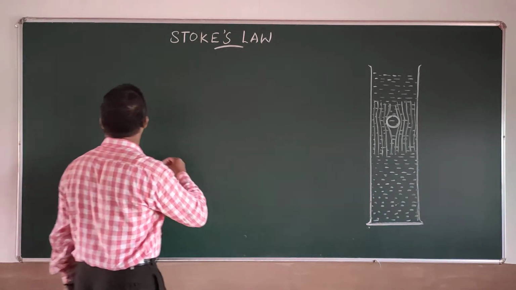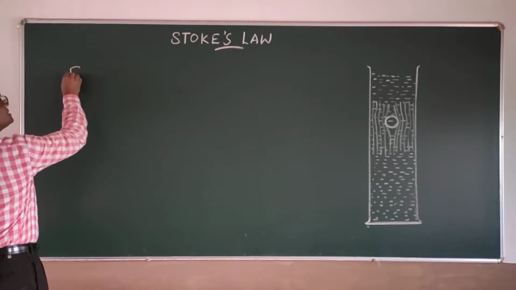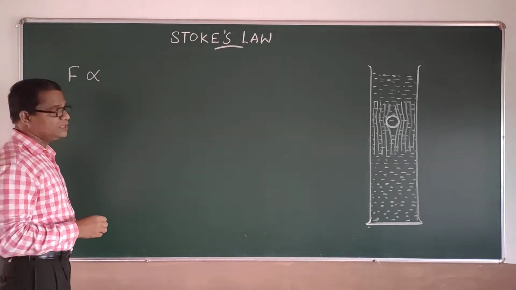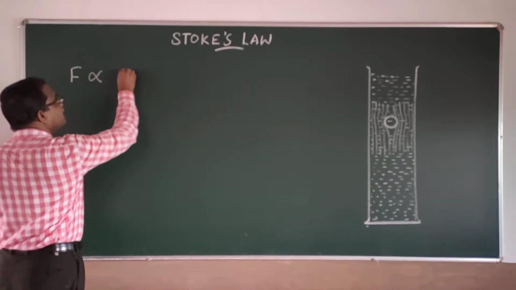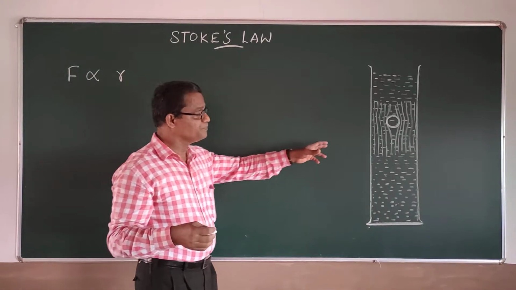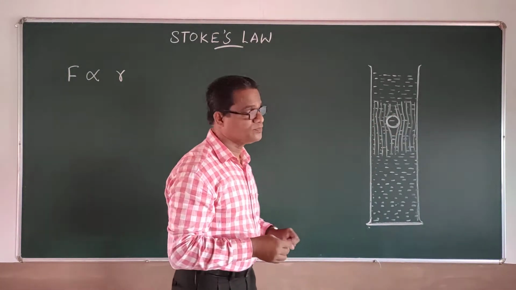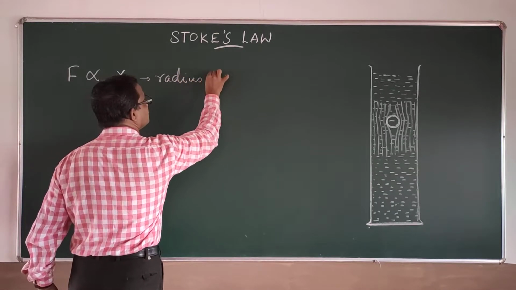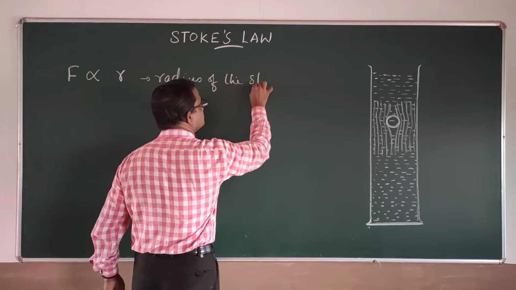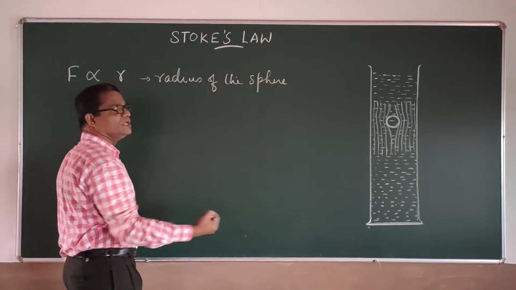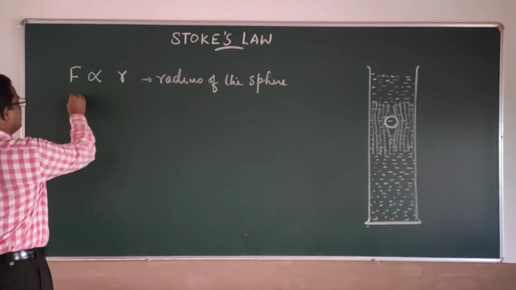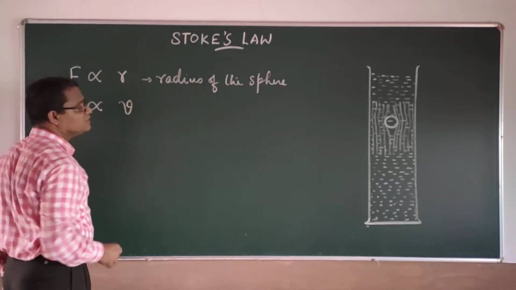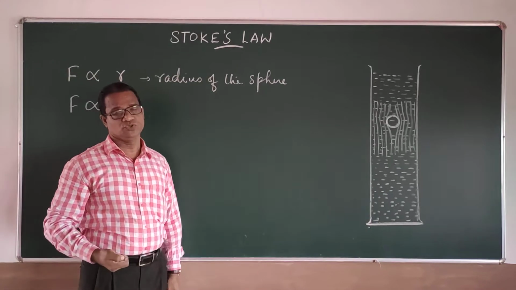And we also found out that the force of that viscous drag is found to be directly proportional to the radius of the sphere moving through the liquid. And F is directly proportional to the velocity v with which it is moving through.